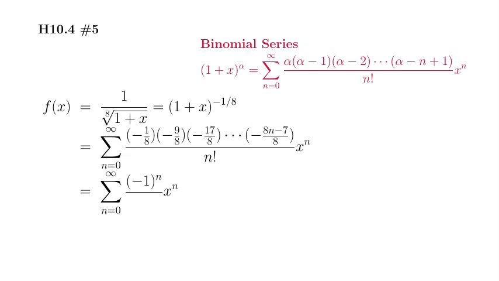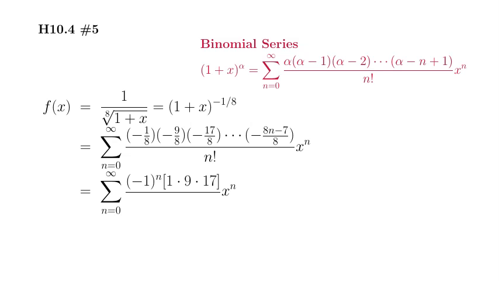The next step would be the numerator, which goes 1 times 9 times 17. So I'm going to write the 1 times 9 times 17, and the last one is 8n minus 7.